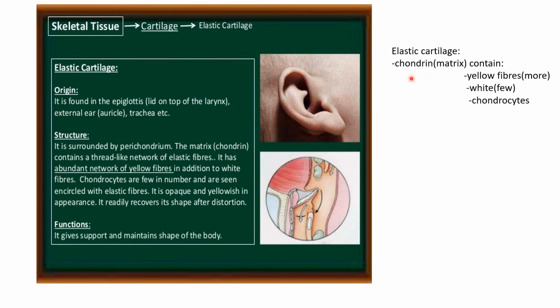So as we can see over here, there is chondrin, which is matrix, containing more yellow fibers. Yellow means elastic fibers, hence they are known as elastic. White fibers are few, and there are chondrocytes. It is opaque and yellowish in color, and it rapidly recovers its shape after distortion. It gives support and maintains the shape of the body.